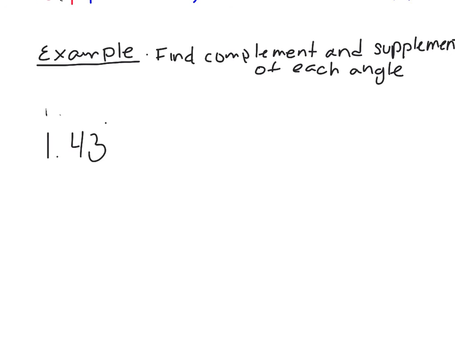Okay, so let's take a look at the examples. I want to find the complement and supplement for each angle, if possible. My first angle is 43 degrees. To find the complement, it's two angles that have to add up to 90 degrees. So it'll be 90 minus 43. Just plug that in your calculator. 90 minus 43 is 47.